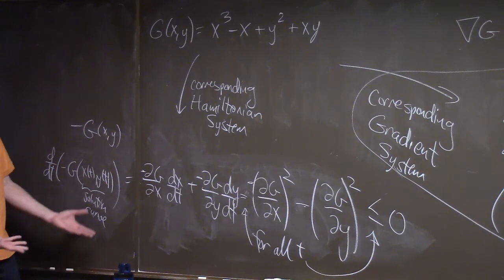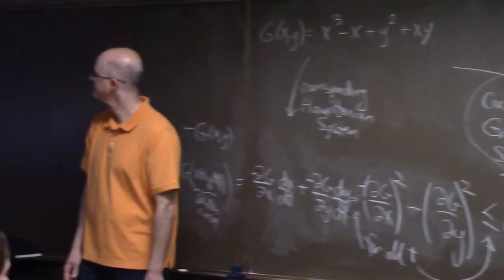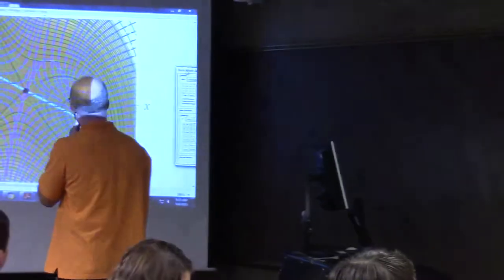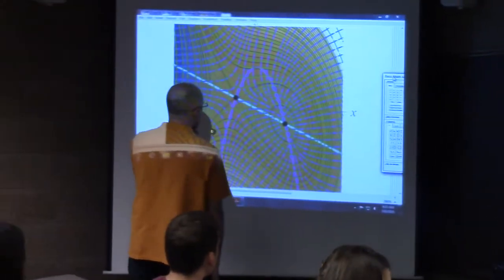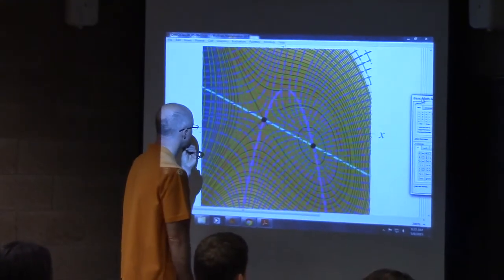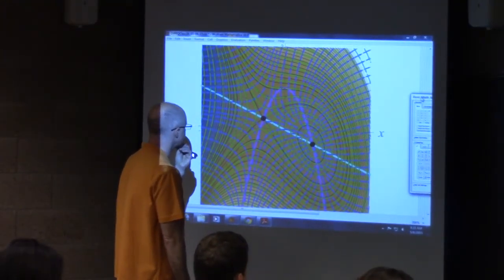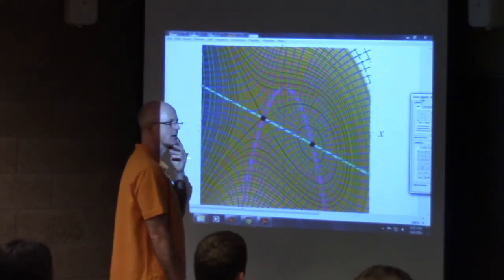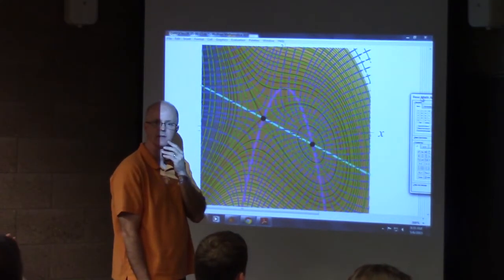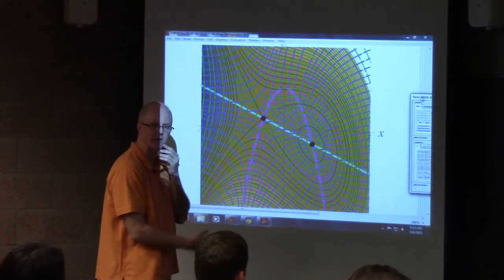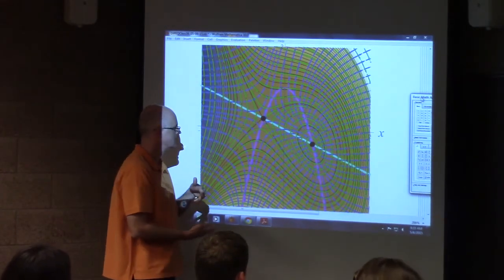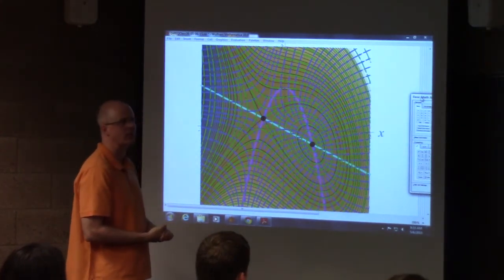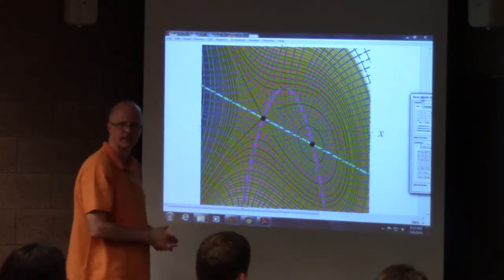That's not something we've proved here, but it would be true. In fact, I can't think of a reason why it would ever be equal to 0 except at an equilibrium point. It's crossing these level curves orthogonally. Except at equilibrium points, that's going to be a strict less than 0.